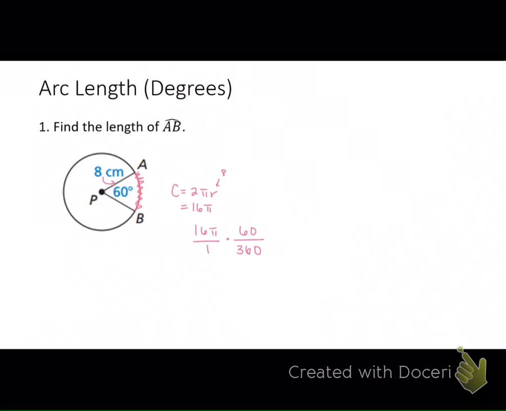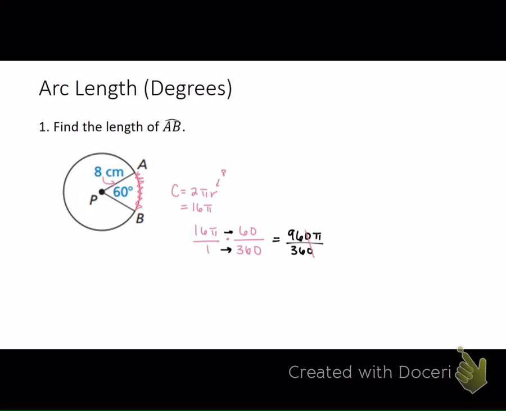So what's 16 times 60? Can somebody do 16 times 60 for me? 960 pi over 360, right? So I just multiplied straight across. Do you guys remember multiplying straight across before?